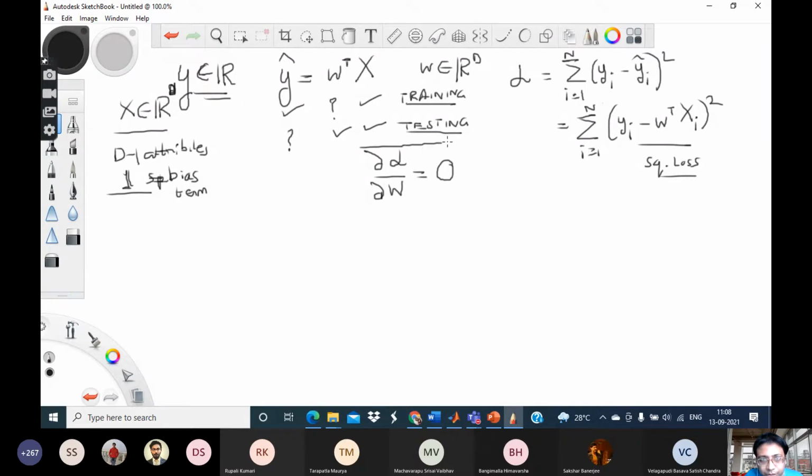So this is the problem which we solved, and accordingly we got an estimate for w. If you remember, we had gone into some very detailed mathematical calculations regarding vector differentiation, and finally we arrived at an expression something similar to this.